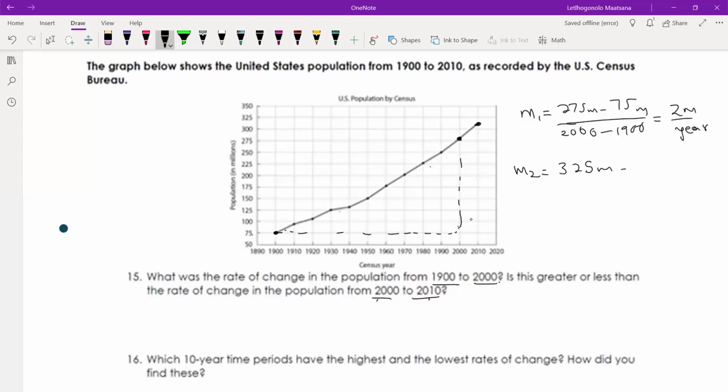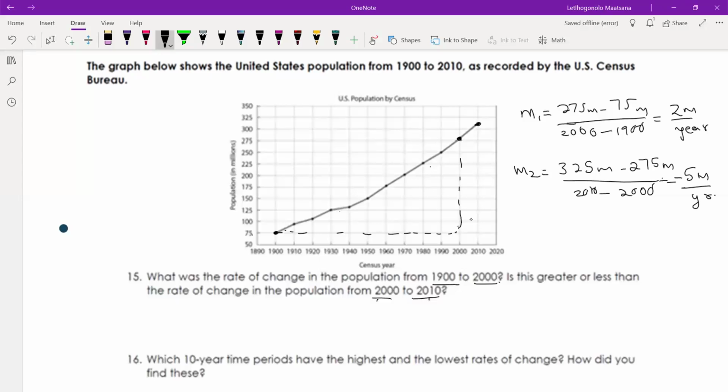And in 2000, we had 275 million, and we'll have a difference of 2010 minus 2000, giving us 5 million per year.